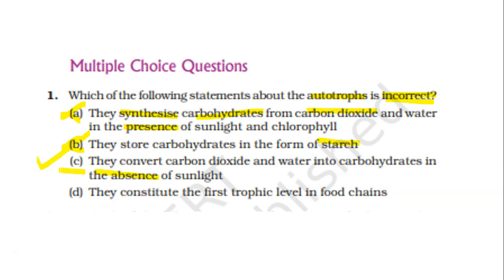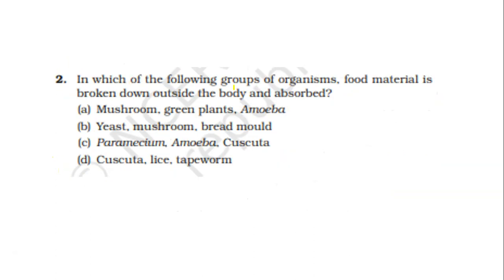Okay, next question. In which of the following groups of organisms is food material broken down outside the body and then absorbed? So we learned about heterotrophic nutrition and how various organisms have various nutritive apparatus. And one of them, in the saprophytic mode, is to break down food outside the body and then absorb it.